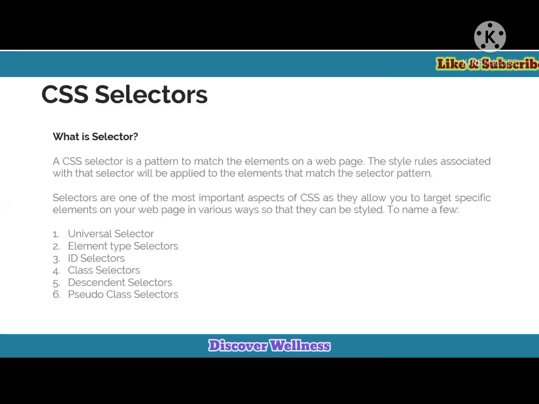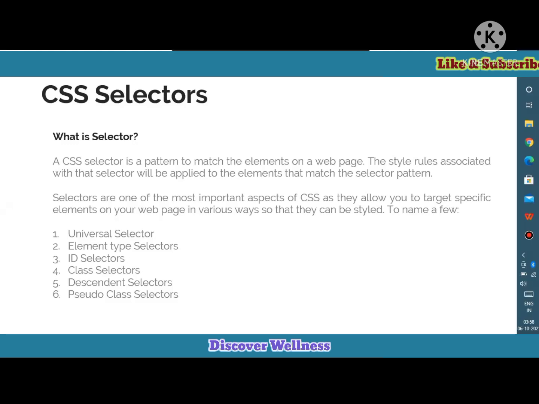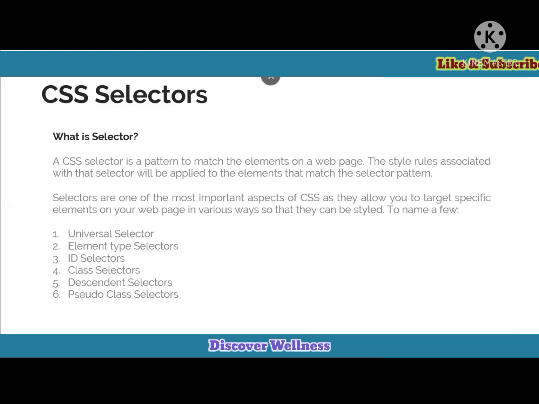In CSS, we have patterns called CSS selectors. So these CSS selectors provide a pattern to choose the elements from the web page that we are looking forward to style. Selectors are one of the primary aspects of CSS that helps us specifically target the elements in the web page and thereby helping us as a whole.